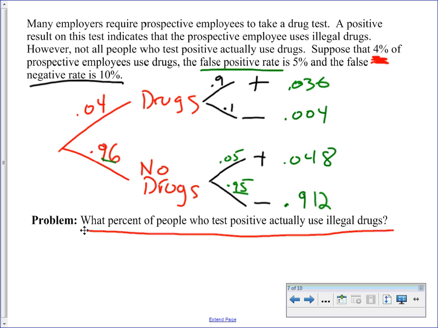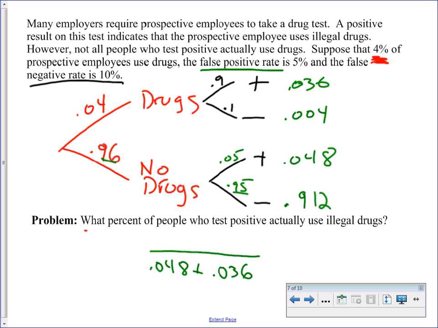So then the question was, what percent of people who tested positive actually use illegal drugs? Well, what was the percentage of my positive tests? It was 0.048, which is the false positives, and 0.036, which are the correct positives. So the people who actually took drugs are 0.036.